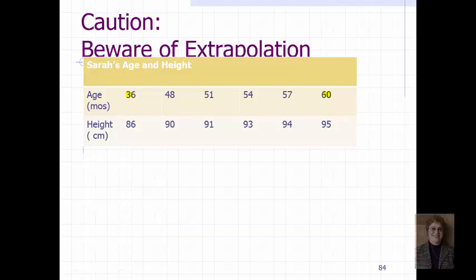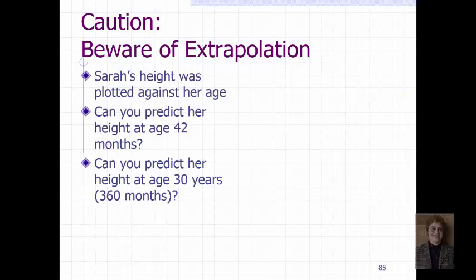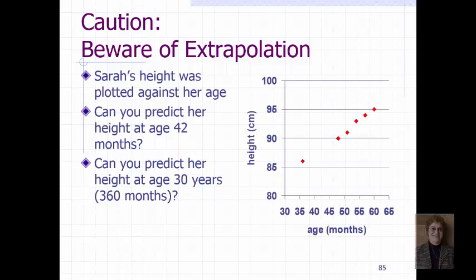So what we want to do is plot Sarah's height against her age, and predict her height at 42 months. So here is the plot, and at 42 months I can eyeball it and say that I think she's going to be about 87 centimeters tall.